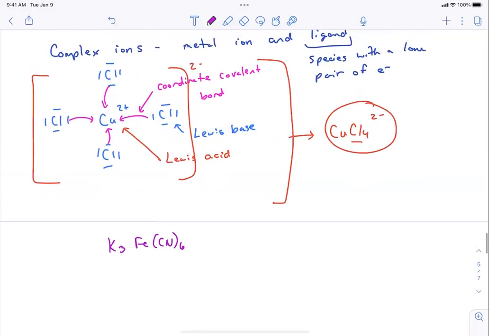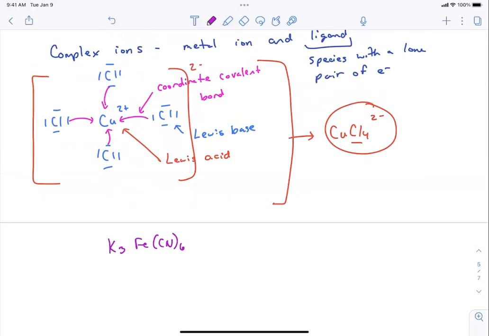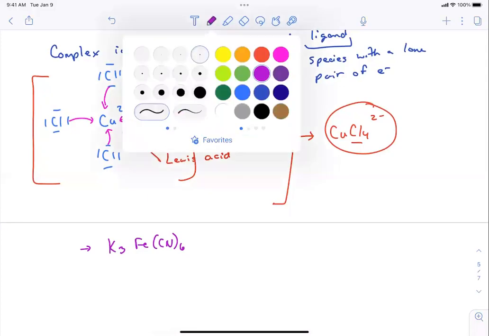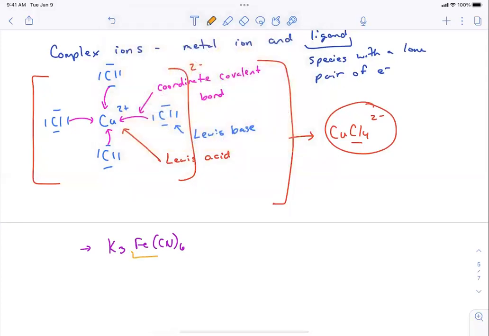Okay. Let's say I give you a compound like this, K3FeCN6. That's a neutral ionic compound. This is a complex ion. Fe bonded to CN, 6 of them.